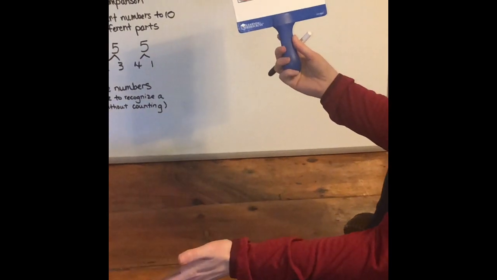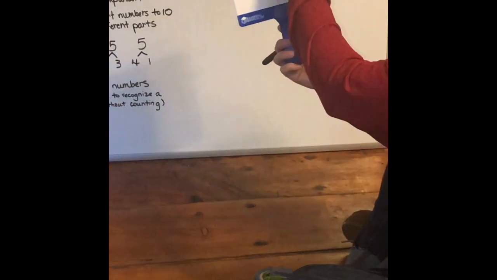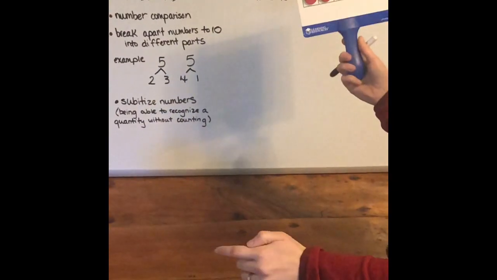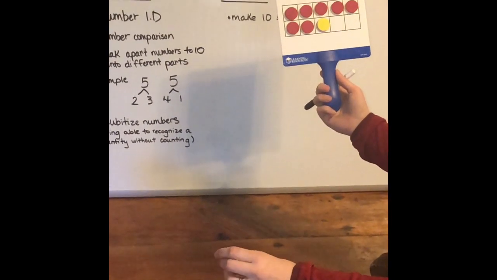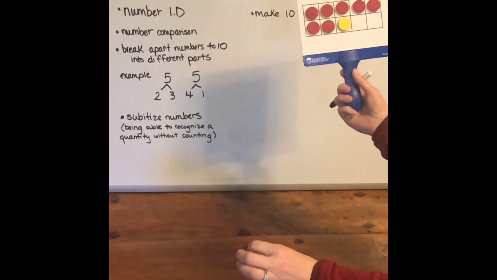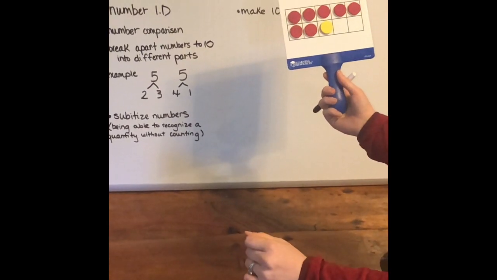Why, you might ask? Well, there are 10 spots in a frame. Self-explanatory. This is heavily used in the kindergarten and first grade classrooms, and we can still use it in second grade, but it's really introduced in K and really strengthened in first.